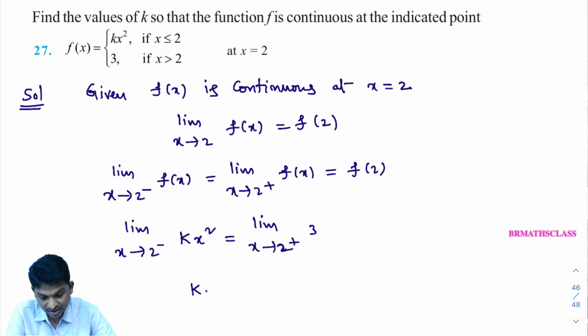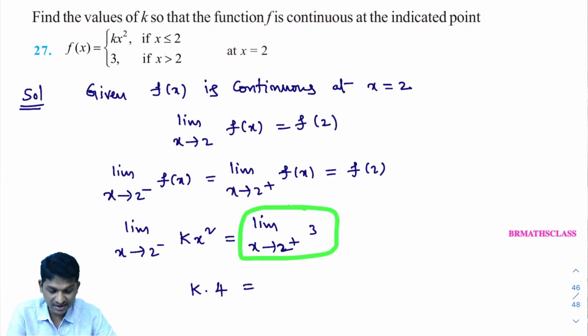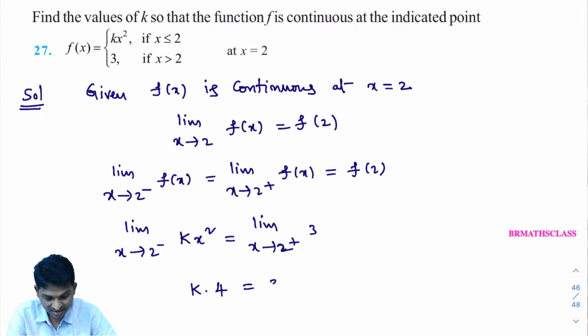K into, in place of x, if you write 2, this becomes 2 square. 2 square is 4. So k into 4 equals, how to calculate this limit? Direct method. Wherever x is there, we write 2. But in the given function, x is not there, so what you get here is the direct answer, which is 3. Okay, so from this, what is the k value? The k value is 3 divided by 4.